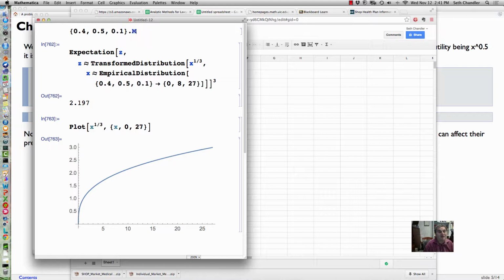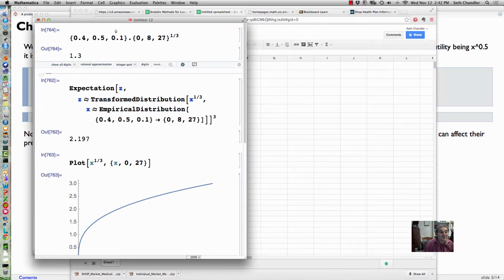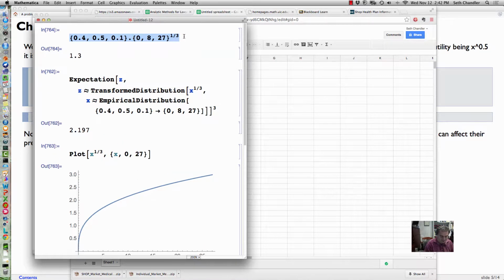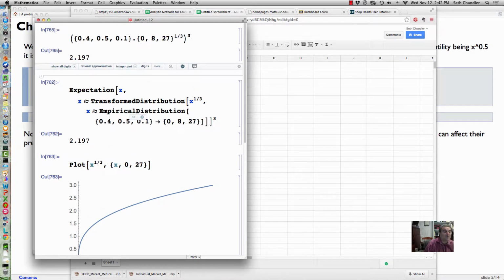Or here, I'd do something even easier. I'd do 0, 8, 27, and I would exploit the vector processing of Mathematica to do that. And that would get me that number, and then I just take that and cube it. Okay? So that is a more concise way to do it in this somewhat simple case.